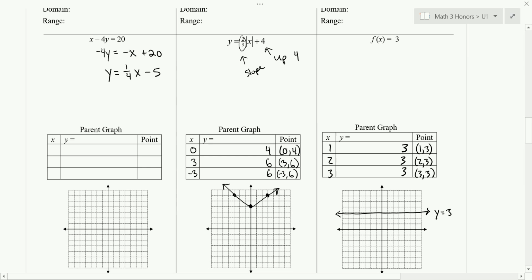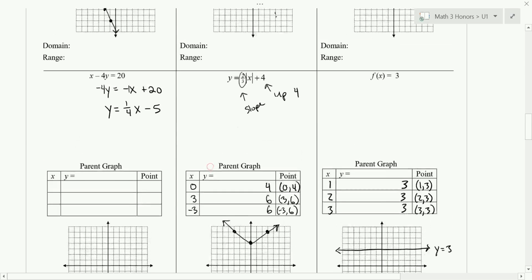So when I divided by negative 4, negative 1 divided by negative 4 gave me positive 1/4. Positive 20 divided by negative 4 gave me negative 5. So now it's in a form that we can work with. It's linear, so that means it's got a slope of 1/4 and a y-intercept, but let's think translation. This is telling us to move our parent graph down 5.